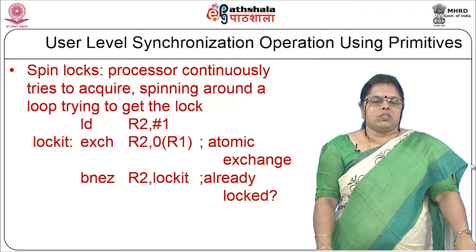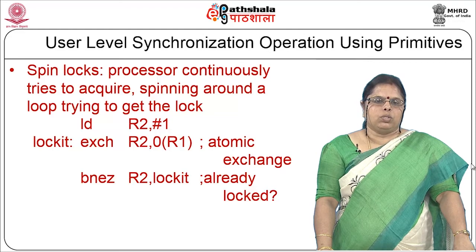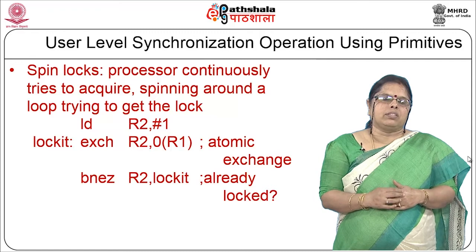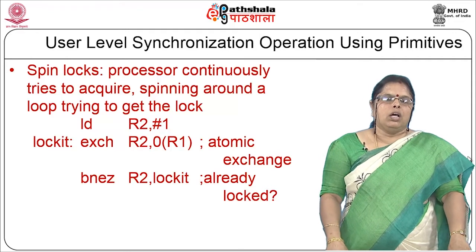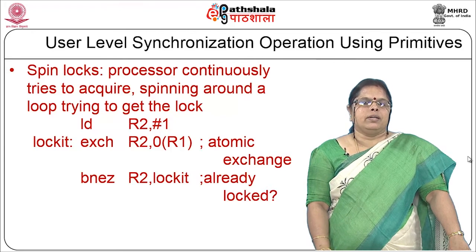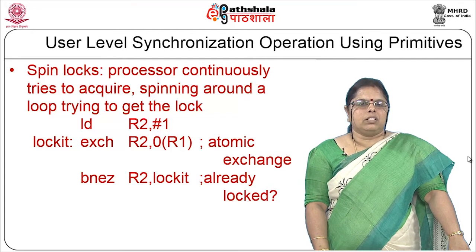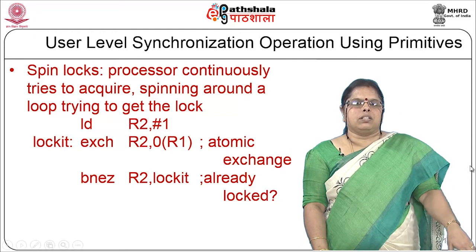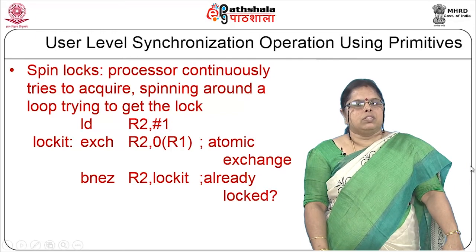So, you have a load instruction first, which loads R2 with 1, and you have your atomic exchange. Of course, this atomic exchange can always be replaced with a load linked and store conditional. It is only the concept that is illustrated here. So, you can have an atomic exchange instruction which exchanges the contents of R2 and the synchronization variable which is available in 0(R1).